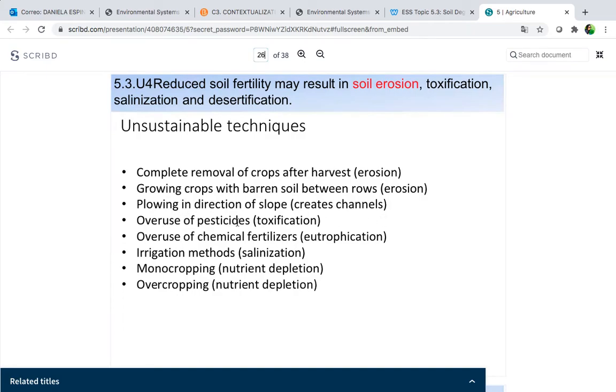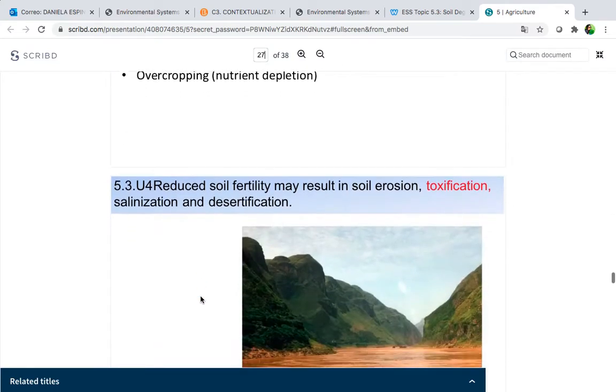Overuse of pesticides causes toxification. Overuse of chemical fertilizers causes eutrophication. Irrigation methods cause salinization when we have too much salt in soil. Monocropping, nutrient depletion. And overcropping, nutrient depletion. Okay, overcropping means that we are using too many plants in one section or we're taking too much of these plants from soil.